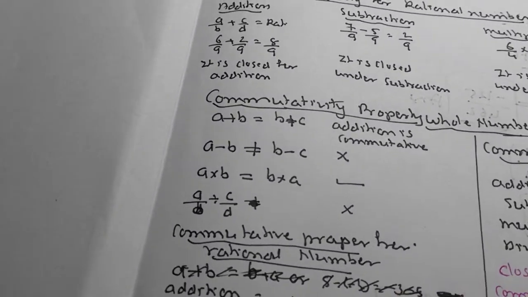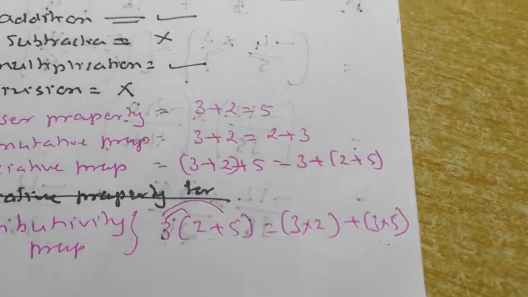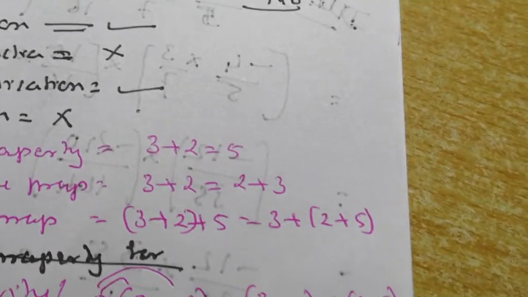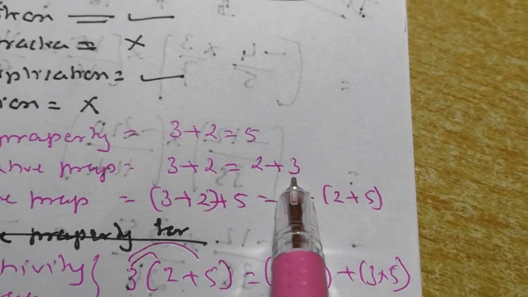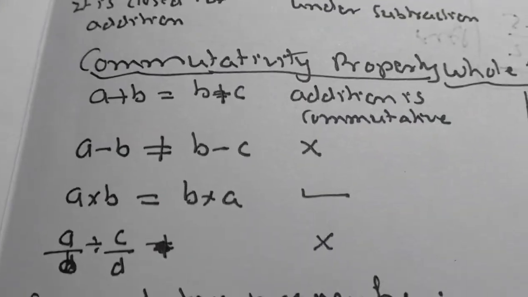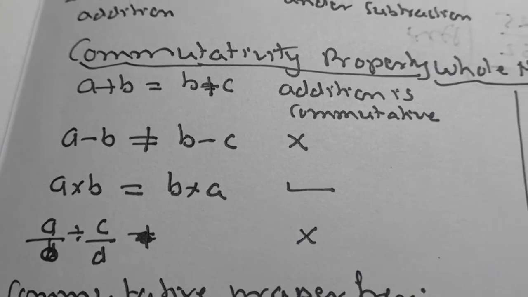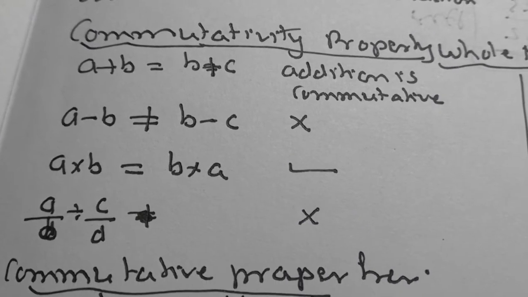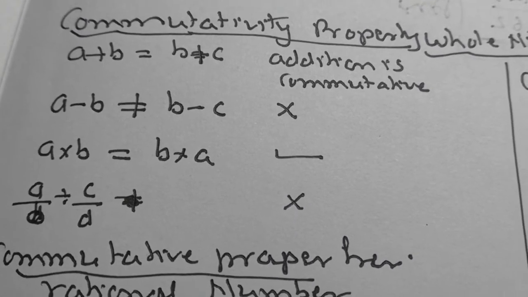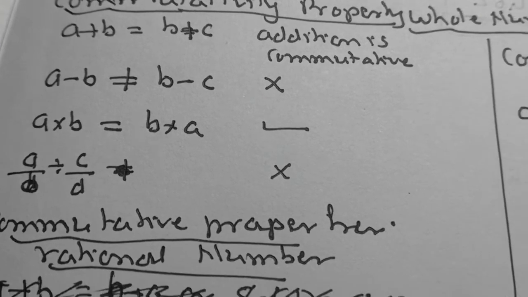Now commutative property. As I showed you, 3 plus 2 is equal to 2 plus 3. The answer will be the same. So directly I have written that commutative property is good for addition and multiplication, but it is not possible for subtraction and division.